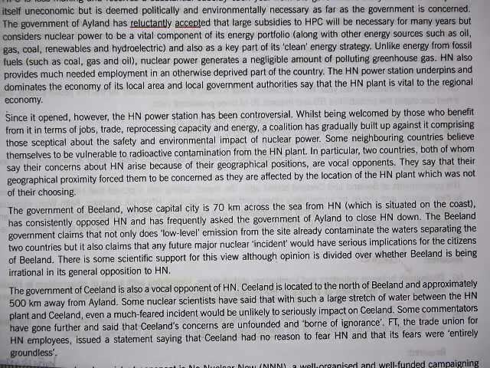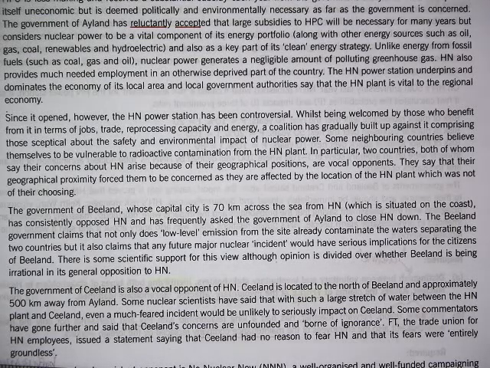Okay? Now, the government of B-Land, whose capital is just 70 kilometers across the sea from HN, which is situated on the coast, has consistently opposed HN and has frequently asked the government of A-Land to close it down.